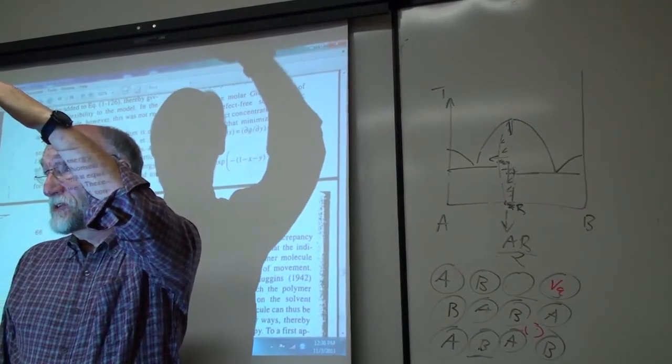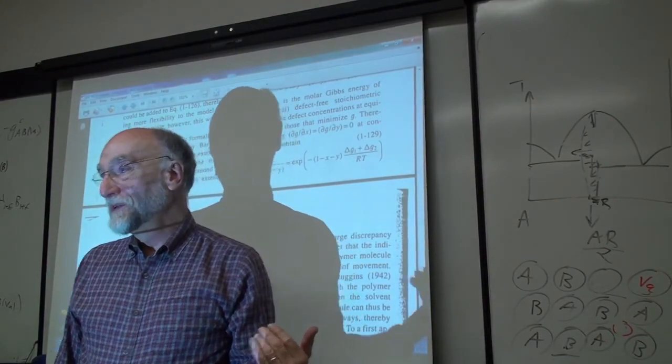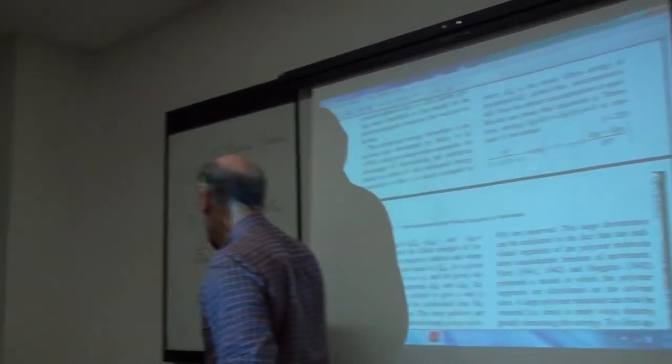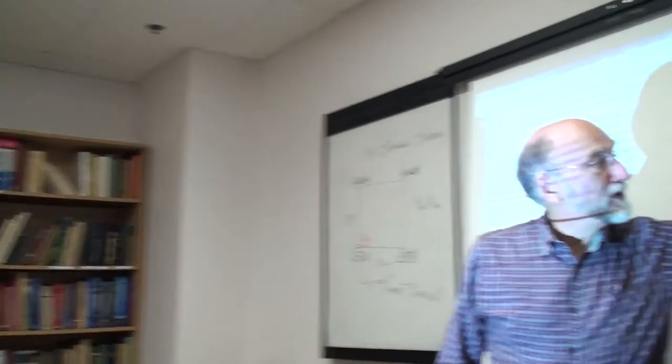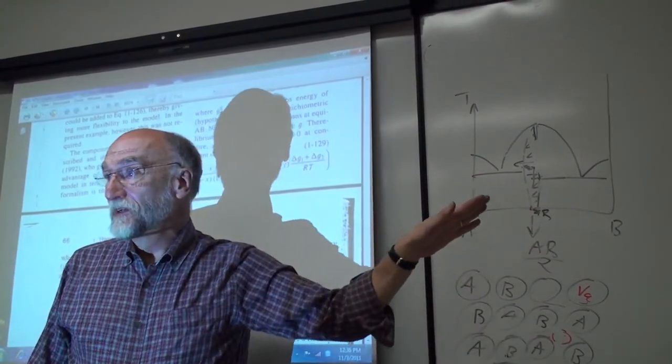It's basically like a Henrian solution, so it's not giving you any extra information, really. You could measure the G naught of B and see when the activity became 1, it's in equilibrium with pure B, but it would be an awful lot easier just to measure the solubility limit. So it isn't giving you a lot of information.